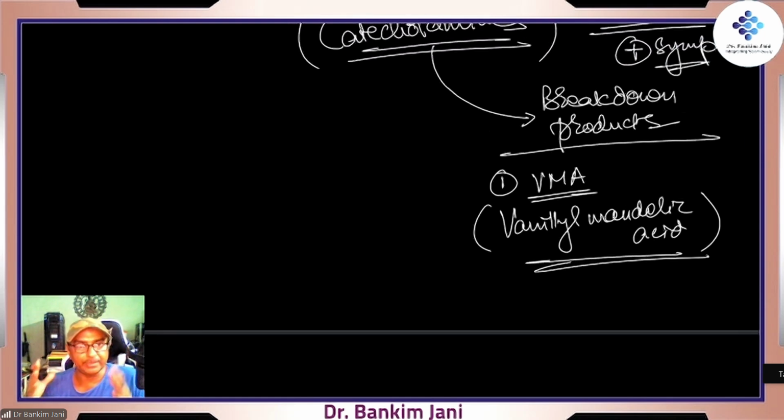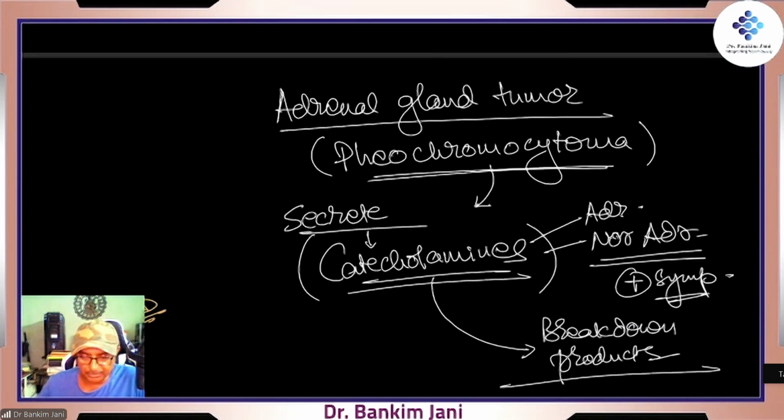Now, what would be the symptom? This patient would be extremely anxious, right? And that's why there is one thing which is called a triad, remember it like that. Three things occur together. At times, people write pheochromocytoma like this, PHE, and then O-chromocytoma.